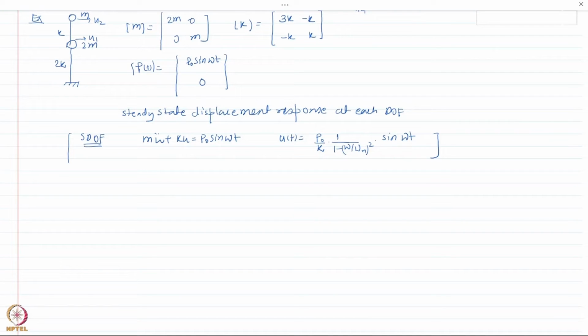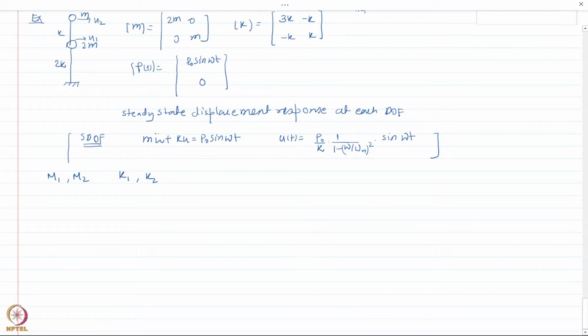All right, so before solving this equation, the first step is to find the diagonal mass matrix and diagonal stiffness matrix, so that I can get the generalized mass m1 and m2 for each mode and generalized stiffness k1 and k2 for each mode.